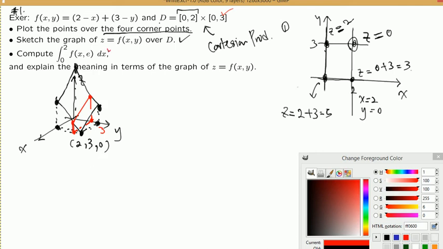Because this thing measures area under, what is the name of this shape? Trapezoid? Yeah, this is a trapezoid. The area of that is represented by this integral. Does it measure the area under that curve in the xy plane, or under that curve in the function?